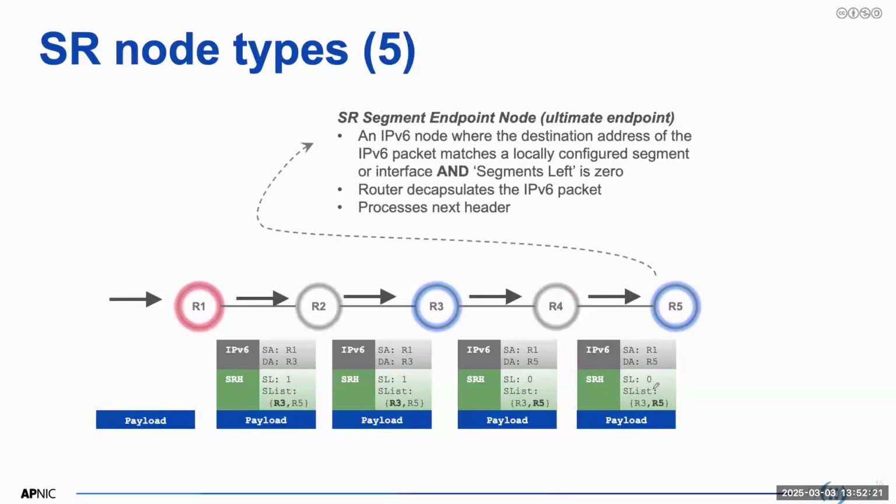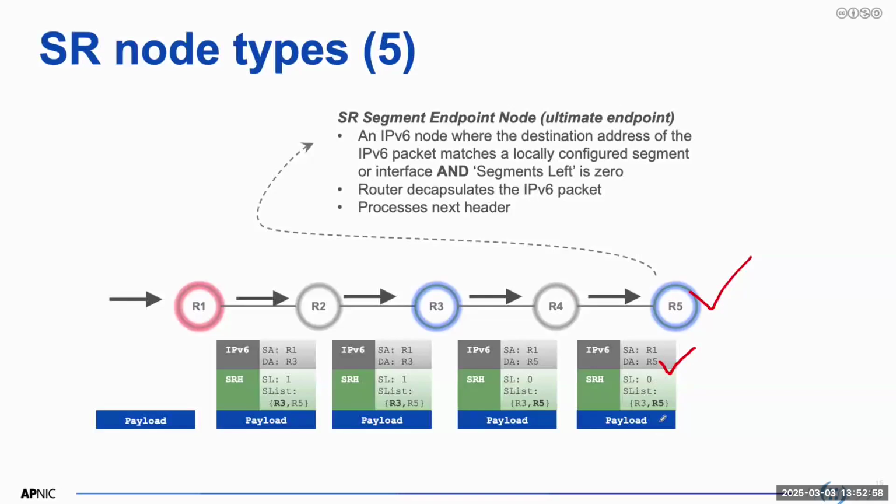When the packet reaches the ultimate segment endpoint, how can it know what different operations it needs to do? First, it will check the destination address, which is the same as the local address. Okay, so then it needs to process the SRH, but when it looks at the segment left field, it is already 0. That means there is no more segment to process further. So in this case, it removes the SRH and checks what information is in the payload and forwards the packet based on the payload information.